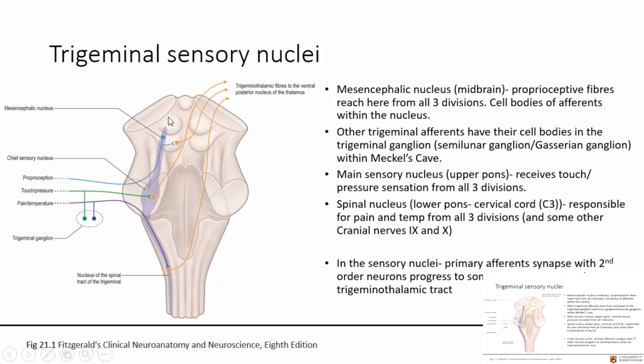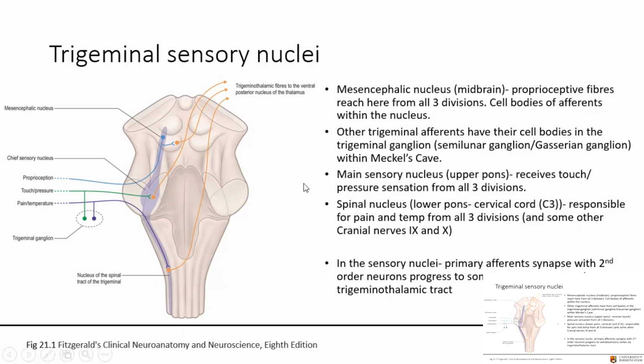So this diagram is showing us the three main subdivisions of the sensory nucleus of the trigeminal nerve. This one is extremely long, and they have subdivided it into three main regions.